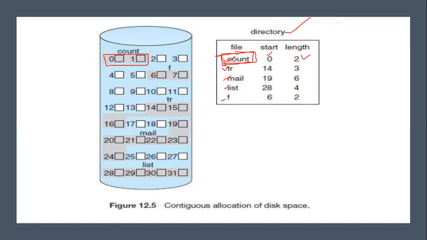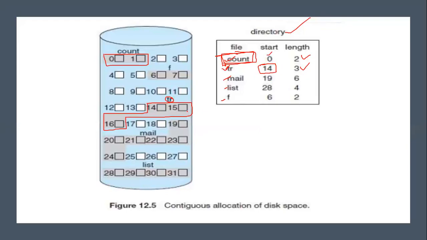Next file name is TR. The TR is allocated from block 14 with length 3. It means 14, 15, 16. You just see 14, 15, 16. You should allocate the free space for the file continuously. So the starting block is 14, the length is 3, so 3 blocks are allocated to the file named TR.